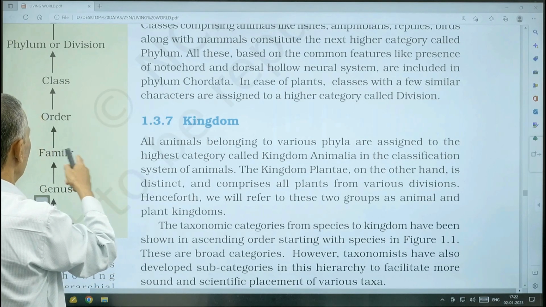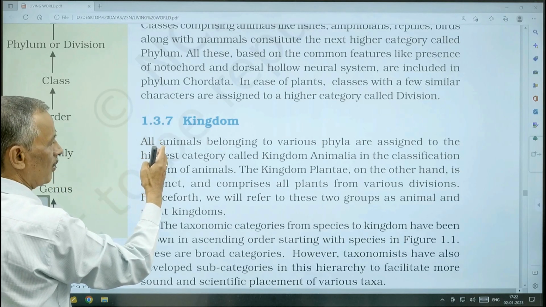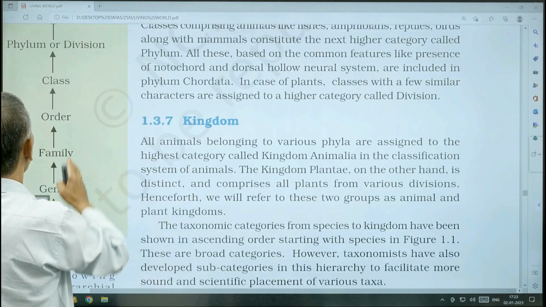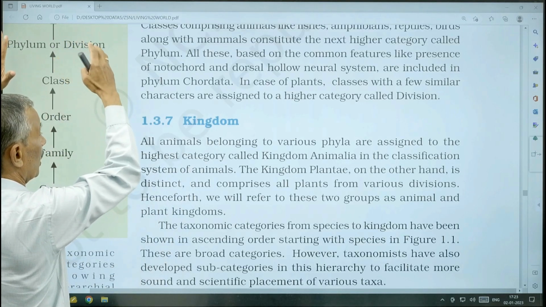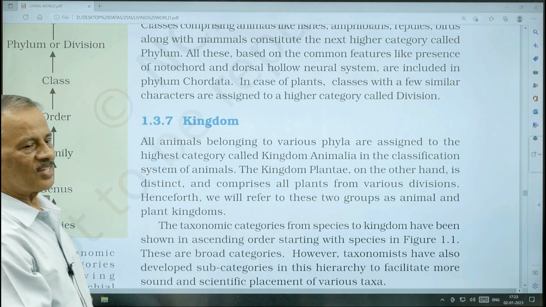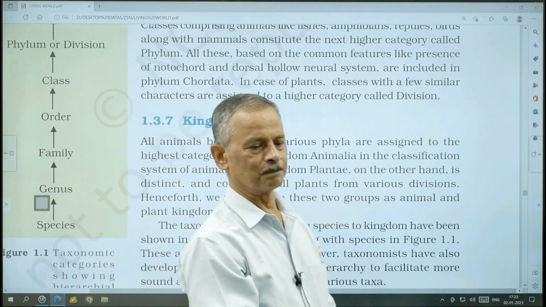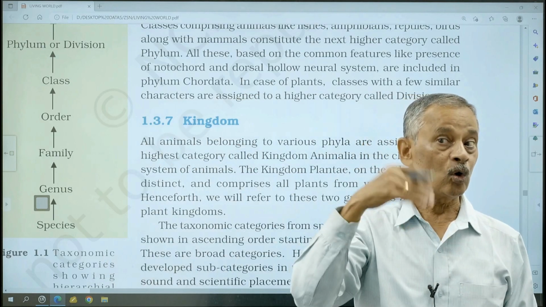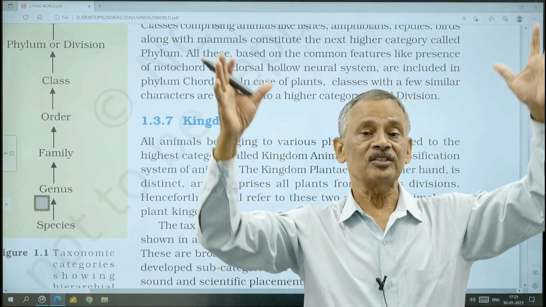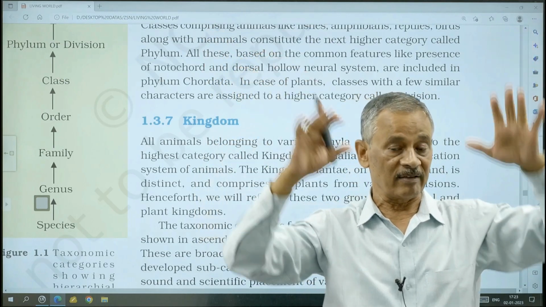Again, in a family, there will be so many genera which differ from each other. So as we go up, similarities go on decreasing and differences go on increasing. The size of each taxon becomes larger and larger. That's why it is called ascending hierarchy.